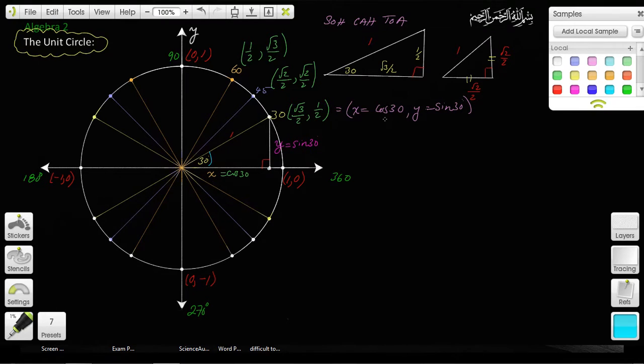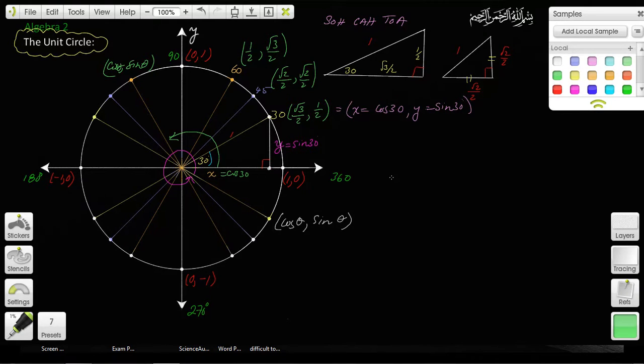So each ordered pair would correspond to the cosine of a particular angle and the sine of that particular angle. So this ordered pair over here would be the cosine and sine of this angle over here. And the ordered pair corresponding to this angle would be the cosine of that particular angle and the sine of that particular angle, whatever that angle is.